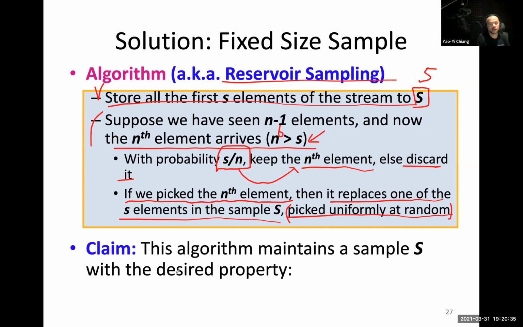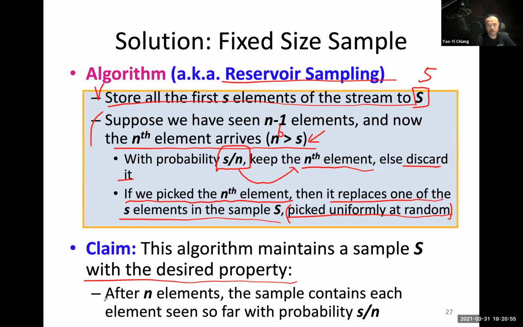In this case, the algorithm will maintain a sample S with the desired property. That means no matter how long your data stream is, every tuple that you have looked at before has equal probability of being selected into the sample.